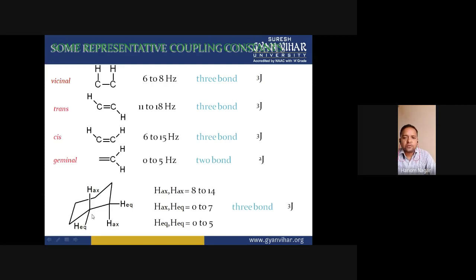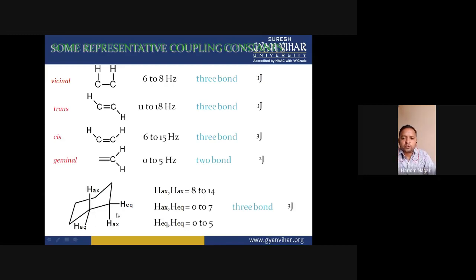But for axial and equatorial protons, its value is 0 to 7, very low, because the dihedral angle is not 180. It is around 60 degrees. So the value is 0 to 7. No transformation of the field between these two protons.